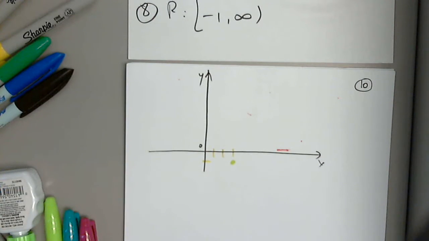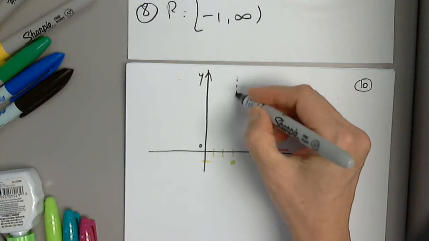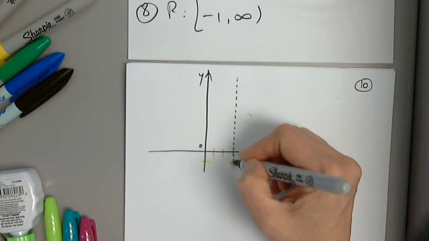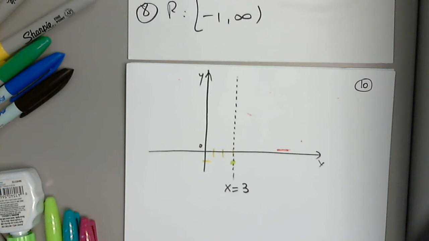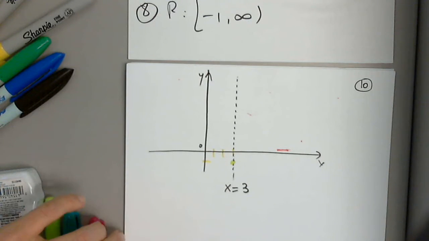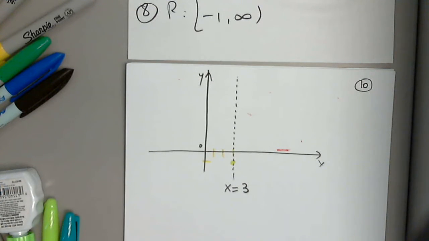Then I will graph the axis of symmetry, not as a solid line. It's not part of the graph. It will only help us keep the graph in shape, symmetric. Okay, then I have to plot the x and y intercepts.